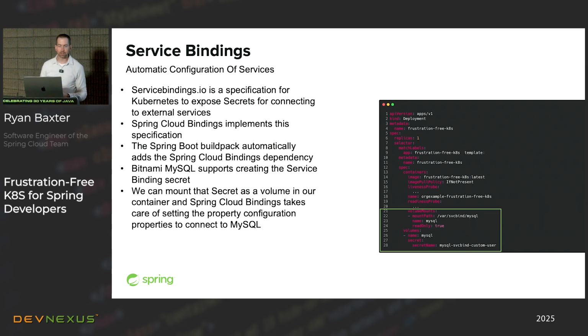And we're going to tell it that it's mounted at this path, in a volume, when we get deployed to Kubernetes, and then it's going to automatically look there for the secrets. It's going to find any secrets that it finds there in that path, and then it's going to automatically add the property sources to our application. So it will set the URL and the username and the password to connect to MySQL for us based on what it finds in that directory. So we're going to see that in a little bit more detail in a second.